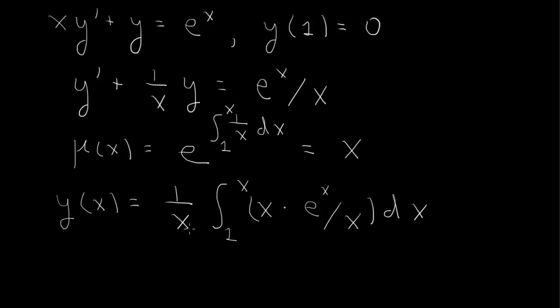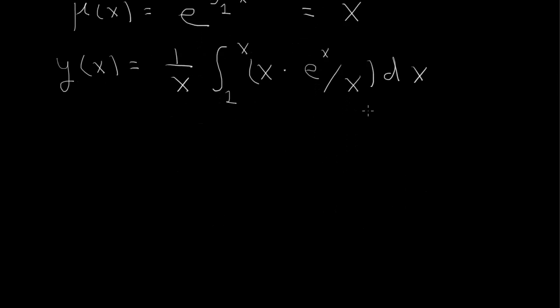Okay, so the formula for the first order equation is 1 over the integrating factor times y of 1 plus the integral from 1 to x of the integrating factor times the right-hand side dx.